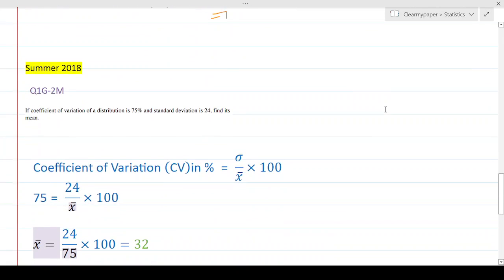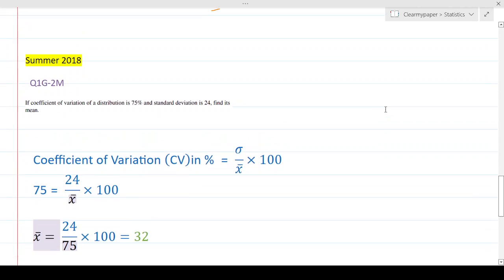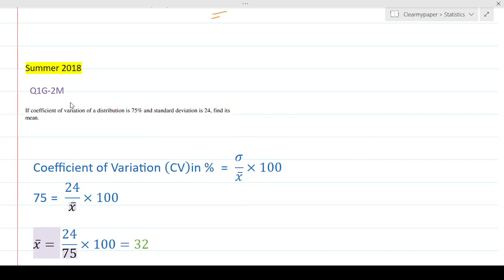Again, a summer 2018 problem, with a slight variation where this time they give us the CV in percentage and the SD, and we need to find the mean. It's a slightly different sub-variation, but the same formula. You write the formula first. We need to find the mean, so we need to find the denominator, X bar, which is the question mark.